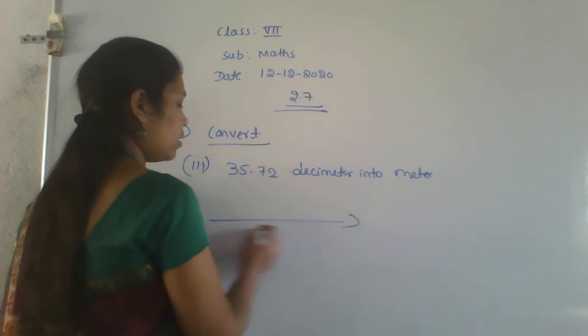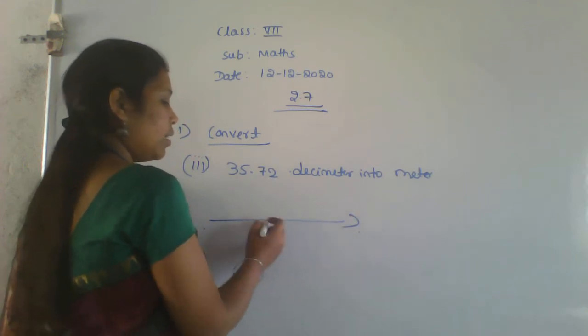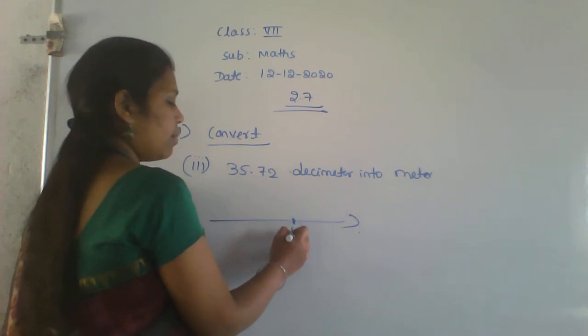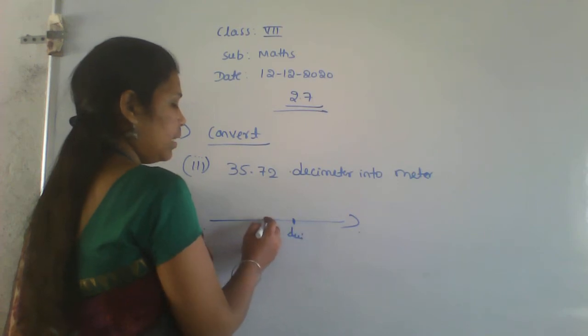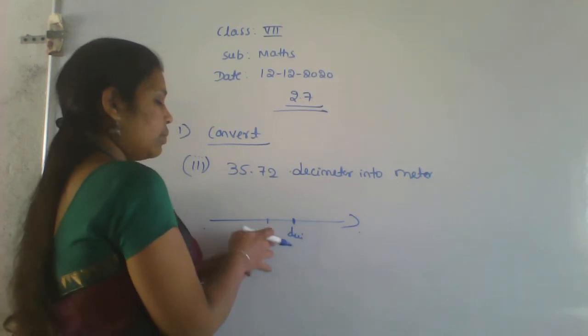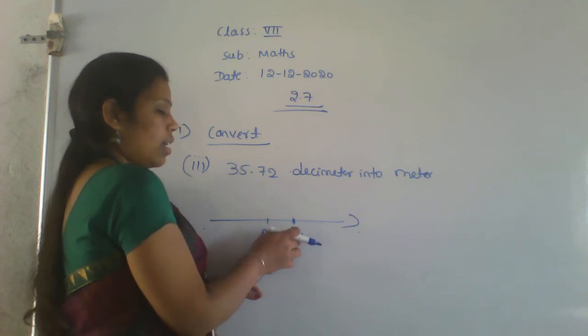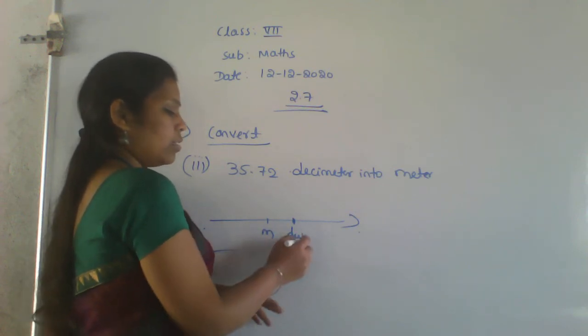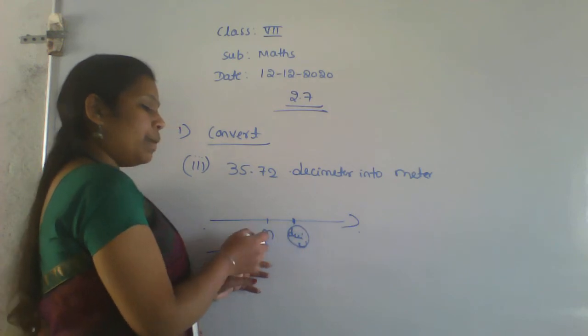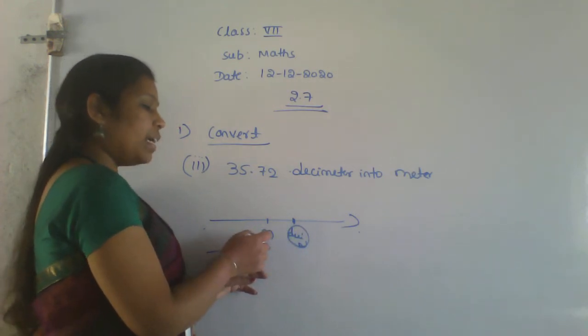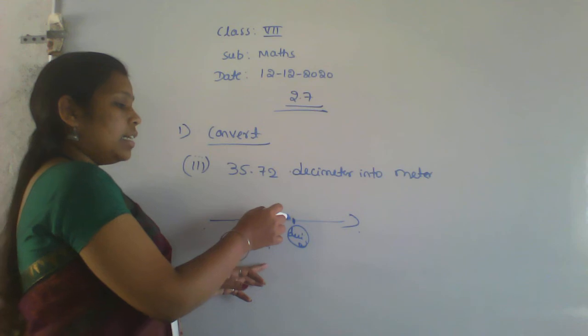So deci comes here and meter comes here. Meter is bigger and deci is smaller. So smaller to bigger we are converting. Smaller to bigger means we have to divide with the 10 value.